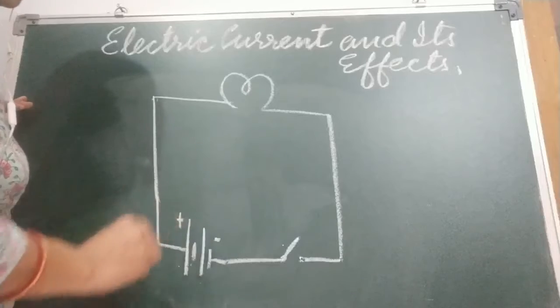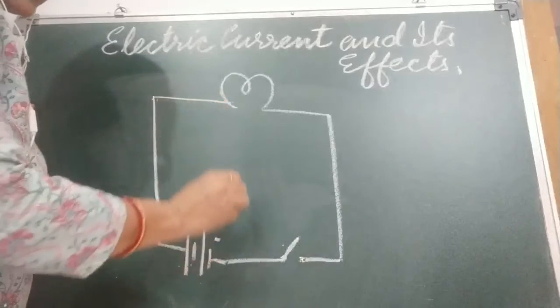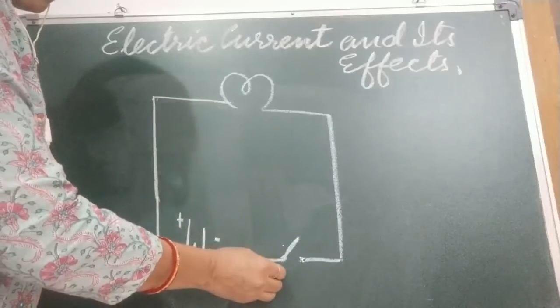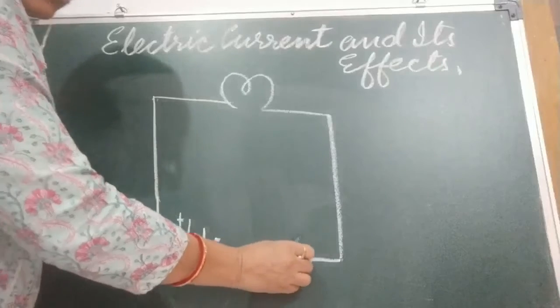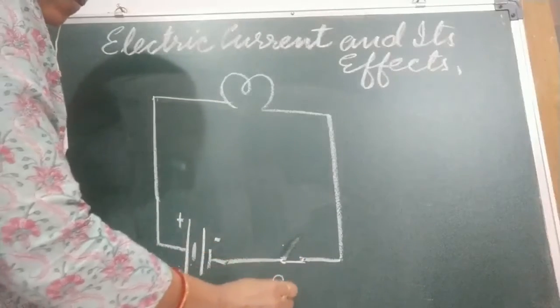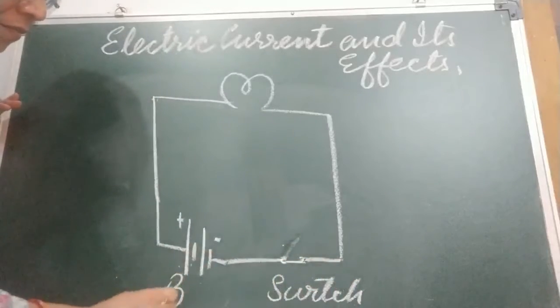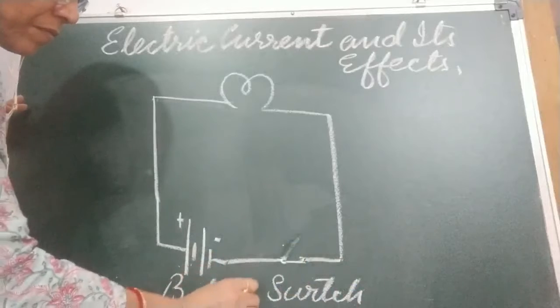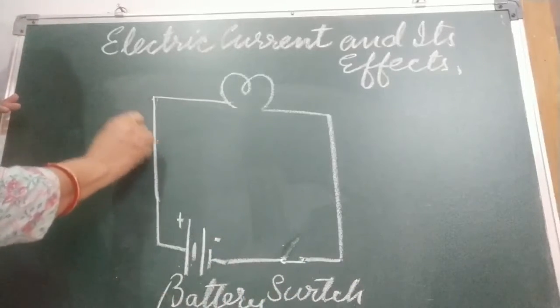And now is the bulb on or off? It is in off position. Why? Because switch is off. This is switch, battery, wire, bulb.